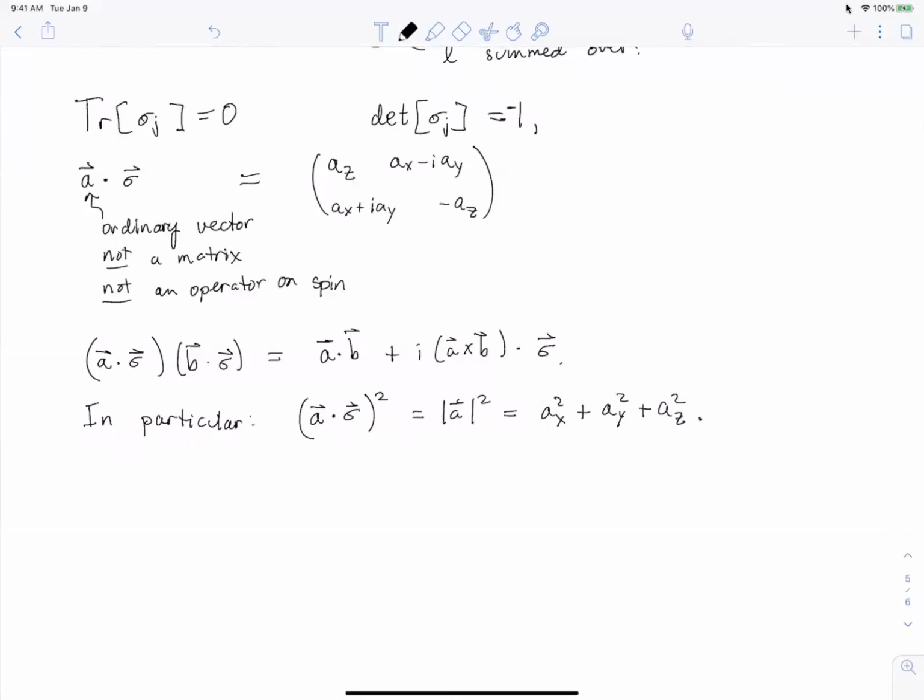So that's telling you you can have an operator that involves spin, but if you square it, you get something that in spin space is proportional to the identity matrix and is independent of spin.